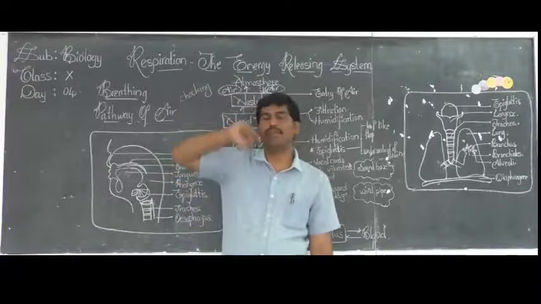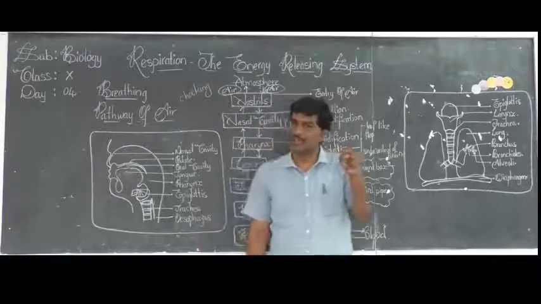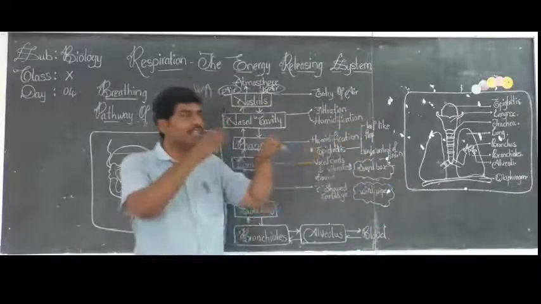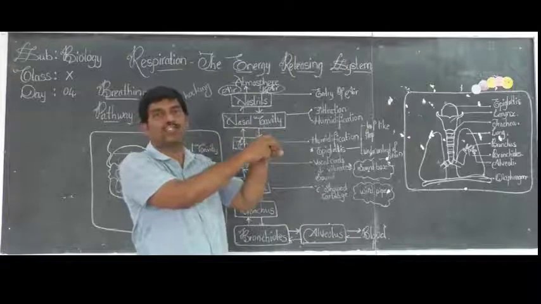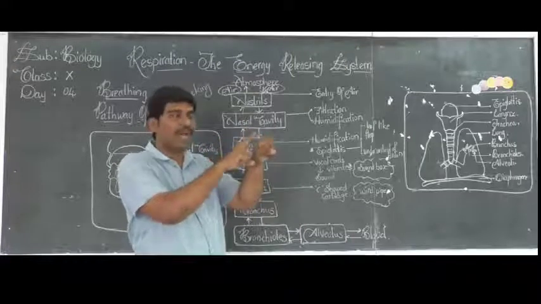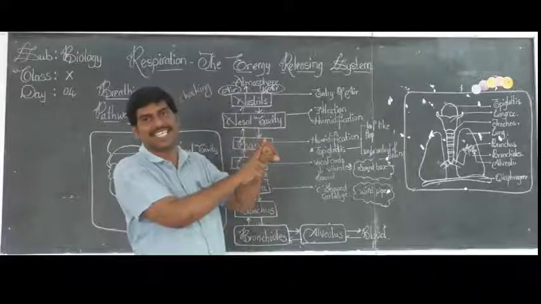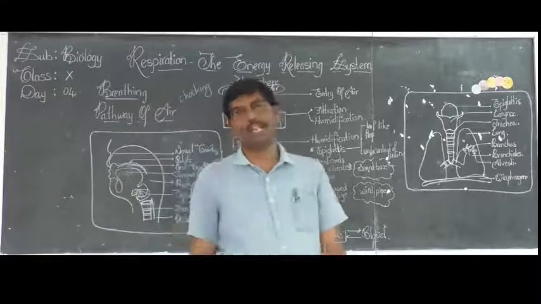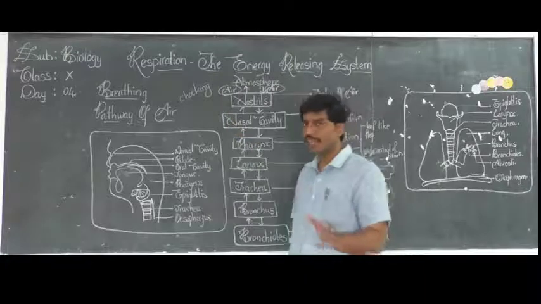I hope you remember the esophagus. Esophagus is always collapsed. Only when the food particle comes due to swallowing, and as a result peristalsis starts, then only the esophagus is going to be open. But trachea is not like that.